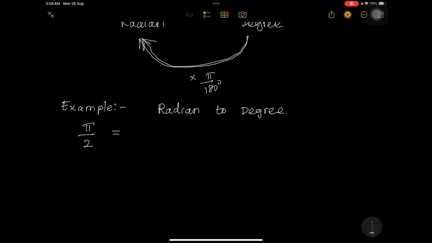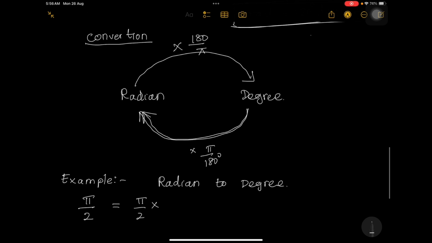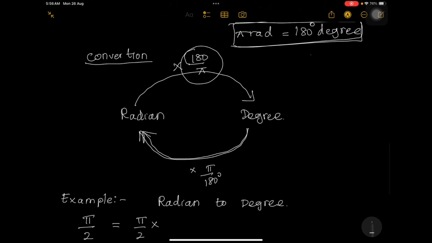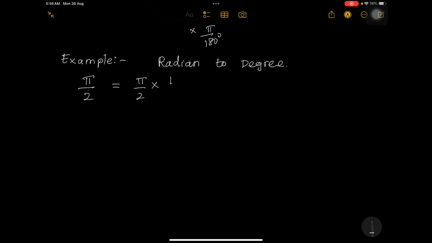So let's calculate, which is pi by 2 multiplied with 180 divided by pi, so which is 90 degree. Pi by 4 multiplied by 180 divided by pi, so it's going to be 45 degree.